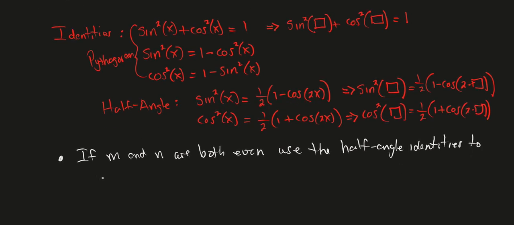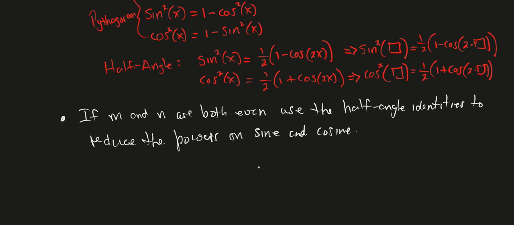And both sine and cosine don't have to be in the particular problem, but even if they are, then yes, we have a pair of half angle identities that will allow us to reduce the powers on sine and cosine, right?